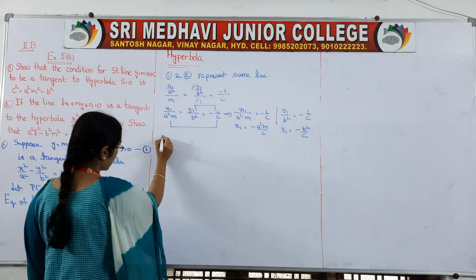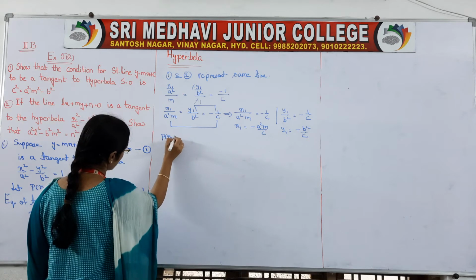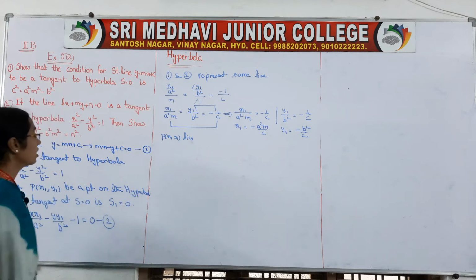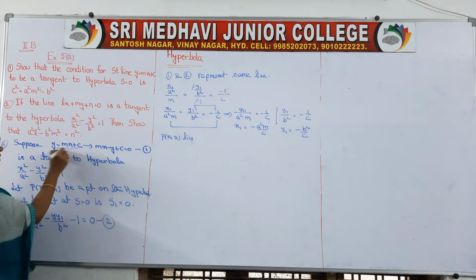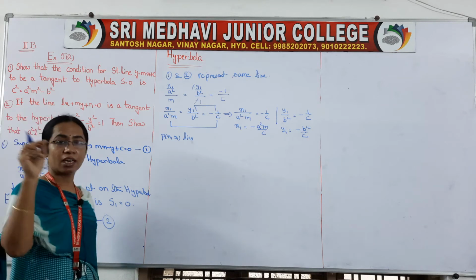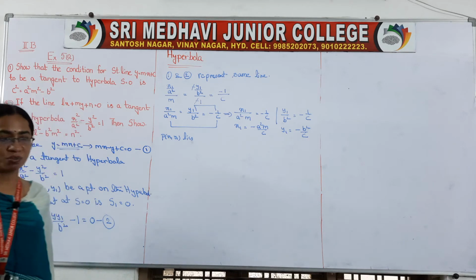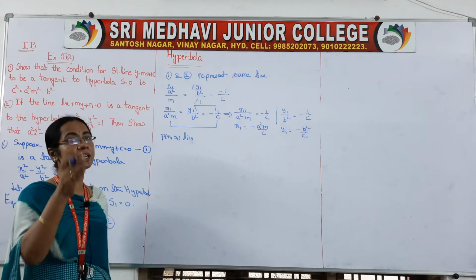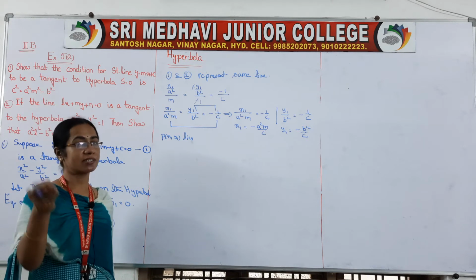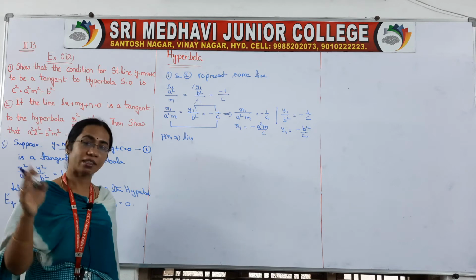Then the point P(x1, y1) lies on which equation? y = mx + c. It is a tangent, so definitely the point of contact lies on the tangent. What is the point of contact? The line touches the curve at that point, so the point lies on the line as well as on the curve.